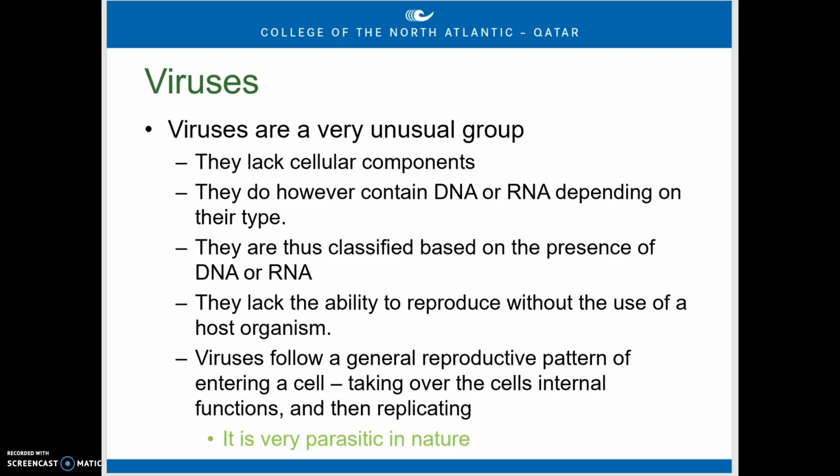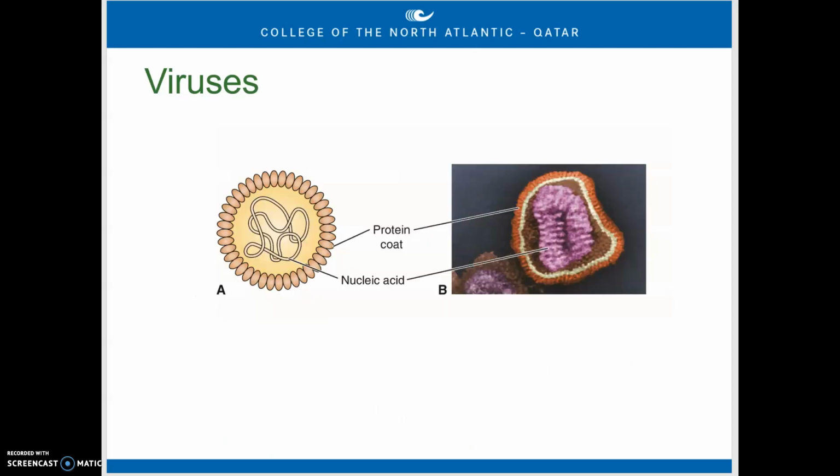So different parts of the cell will produce virus proteins, they'll reproduce virus DNA, and then the viruses will reassemble and they'll leave the cell, either by killing the cell or by just exocytosis, and then they go out and find another cell that they can infect. So they're not living, they can only reproduce if they hijack a host cell.